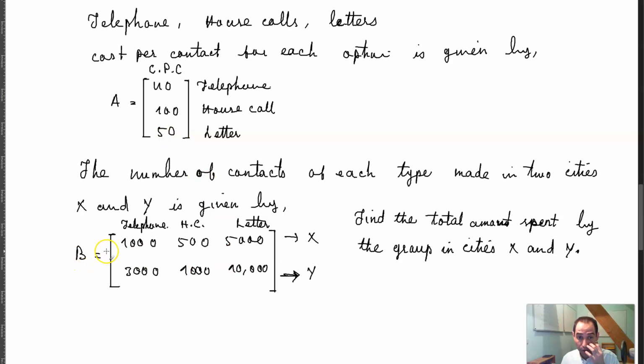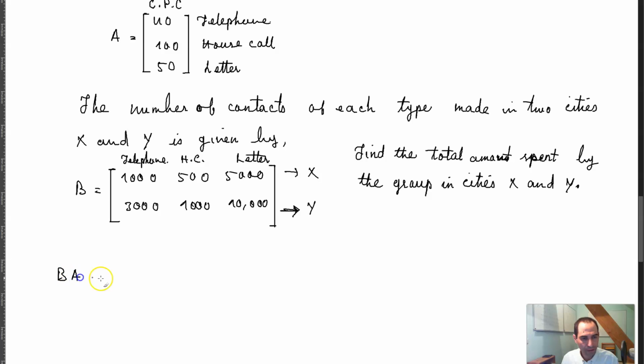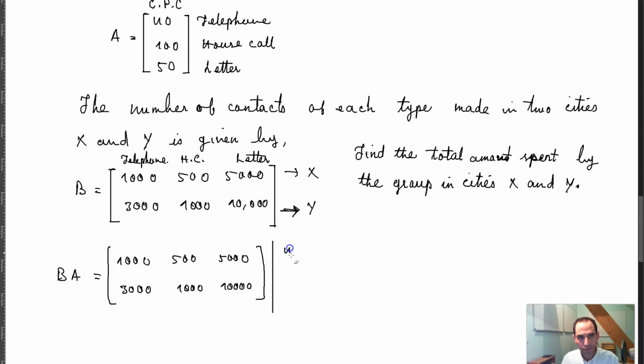That would give me a matrix of 2 by 1, which would be the total amount spent by the group in cities X and Y. So BA is equal to 1,000, 500, 5,000, 3,000, 1,000, 10,000 multiplied by 40, 100, 50.